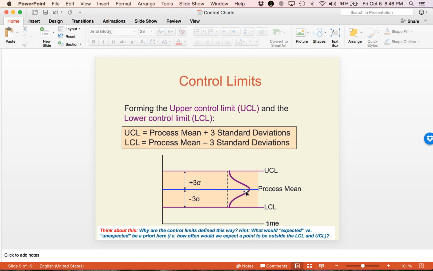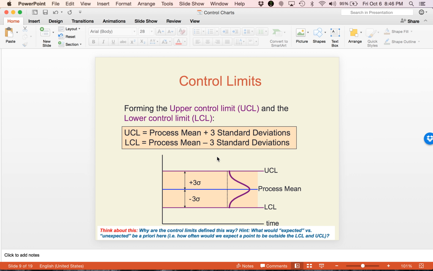You see that the mean is right here in the middle, and higher values are less likely, lower values become increasingly less likely. As soon as we hit 3 standard deviations above this mean, we're very rare. Same if we're 3 standard deviations below the mean, that's very rare. So most of the values should be between plus or minus 3 standard deviations.